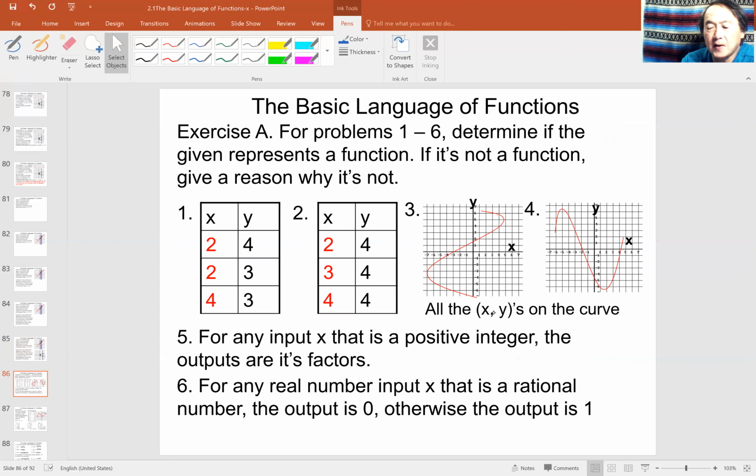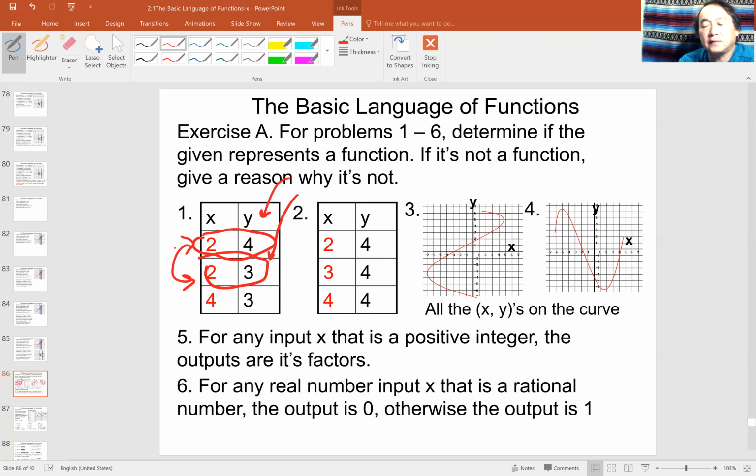These are different ways of presenting functions. For instance, these are two tables, and it asks you which table is a function. Well, this one is not a function. Why? Because it gives you two different outputs for the same input 2.